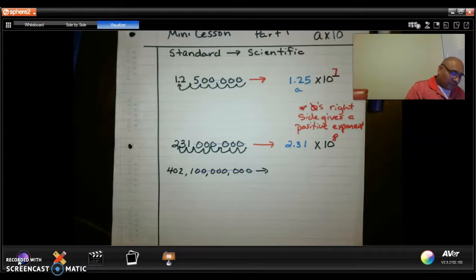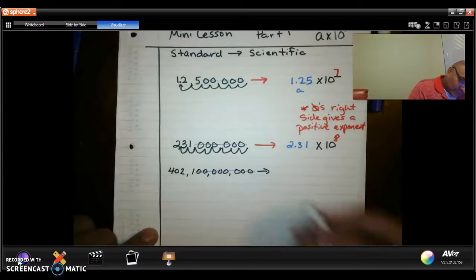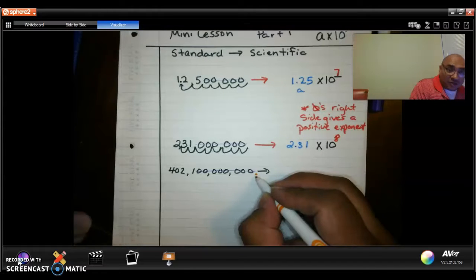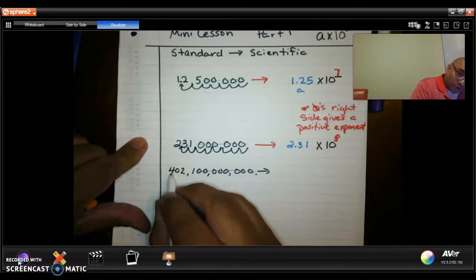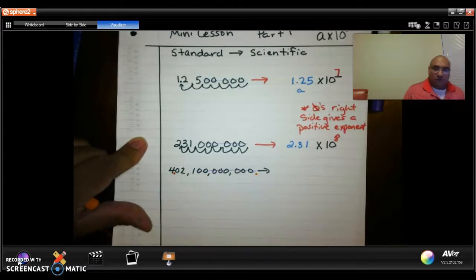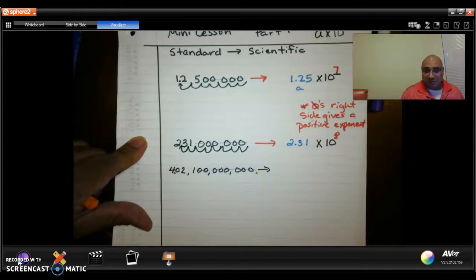So let's move our decimal. We know for a fact it's way back here. Let's move it forward until we get behind the first number. Our first number is 4. So this is where my decimal is supposed to go when writing in scientific notation.